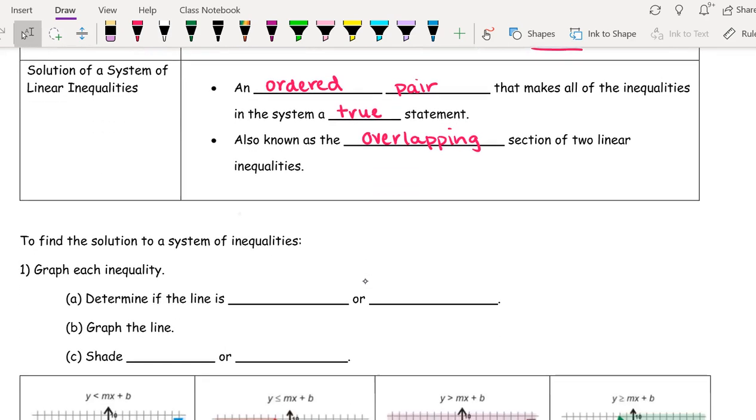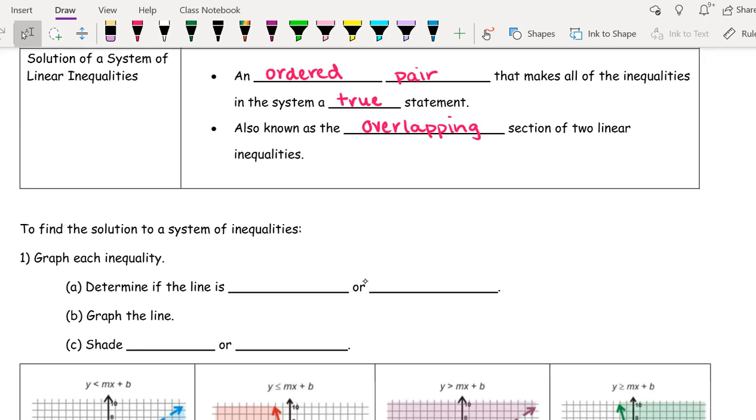Okay, so the first thing, when we're graphing an inequality, is we need to determine if the line is dashed or solid. Dashed lines don't have the equal to symbol underneath. Solid lines do have the equal to symbol underneath.